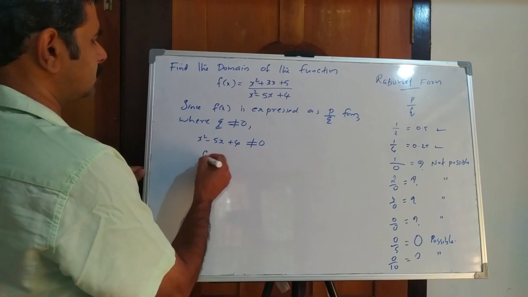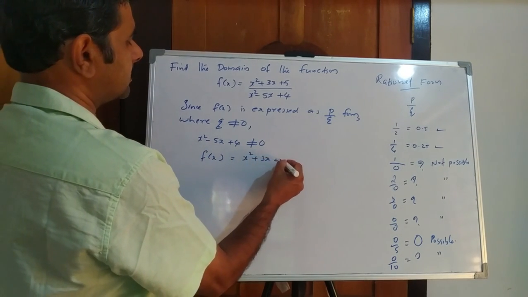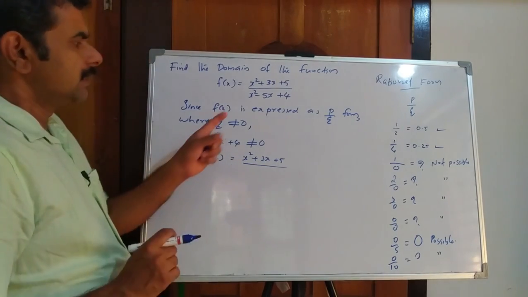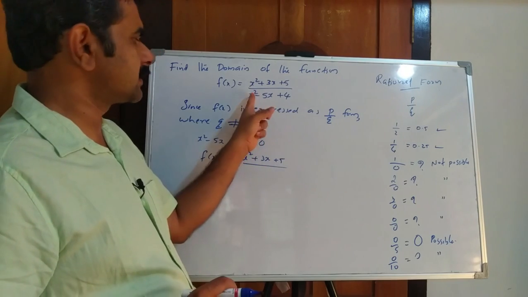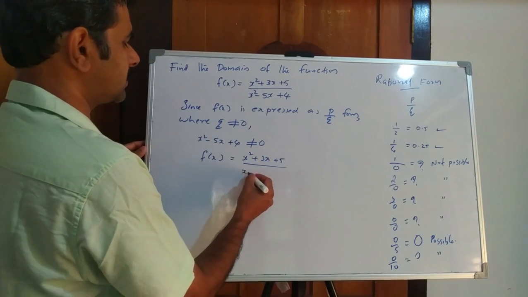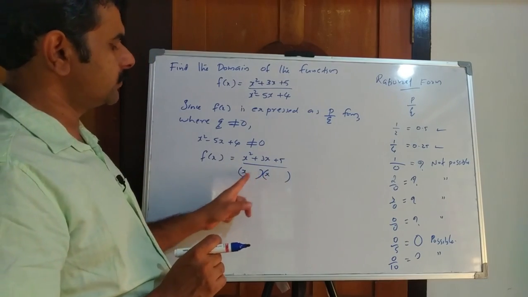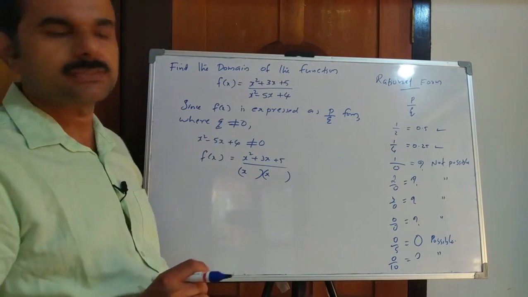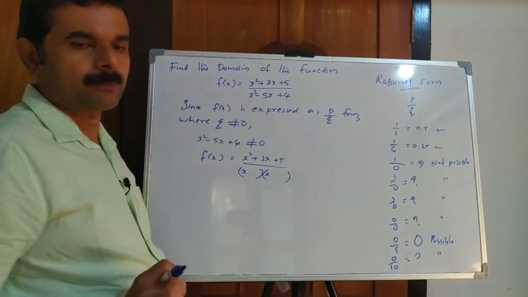Then f of x is equal to x square plus 3x plus 5 divided by x square minus 5x plus 4. How can you factorize this x square minus 5x plus 4 as in 8th standard? First you substitute x for x square. So we are going to factorize x square minus 5x plus 4.